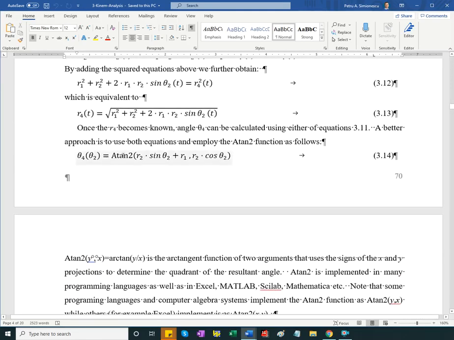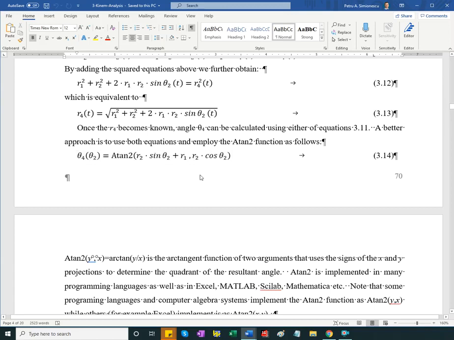Okay, this is the arctangent function of two arguments. It's available in most programming languages as well as Excel, and as you can see, instead of supplying the y projection divided by the x projection, I put them separately, and by doing so I preserve quadrant information. If I take the ratio of the two arguments, minus and minus is the same as plus and plus, or minus plus is the same as plus and minus.